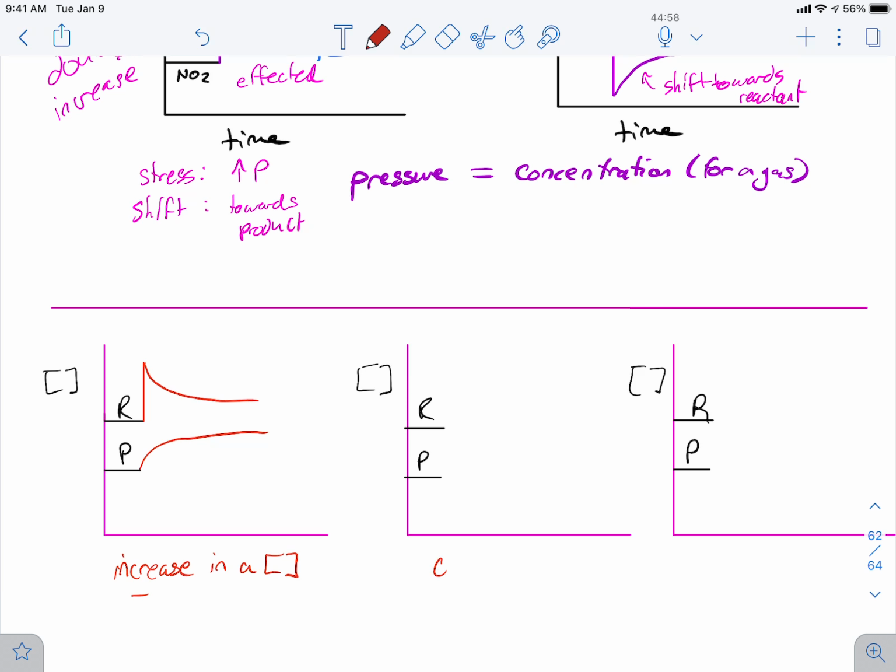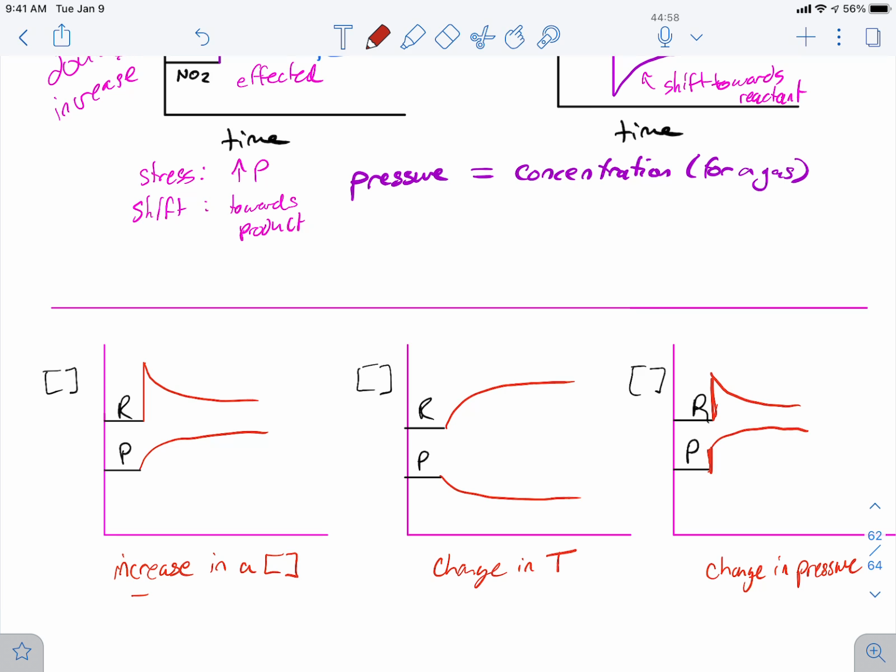This is going to be a change in temperature, and the change in temperature could look like this maybe. And then the last one is going to be the change in pressure, and the change in pressure has the distinctive double increase. So we want to think about these double increases.